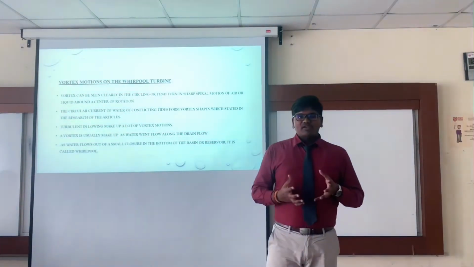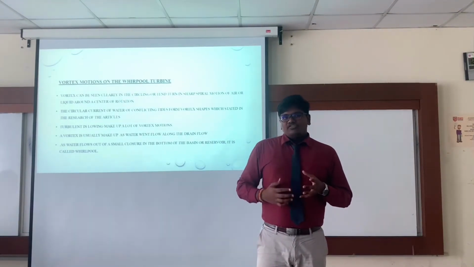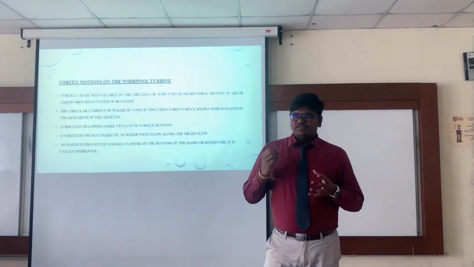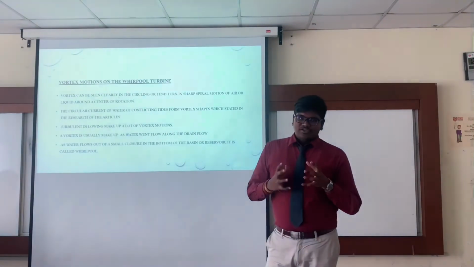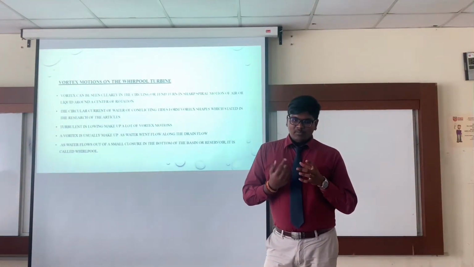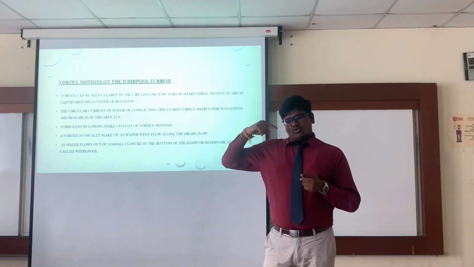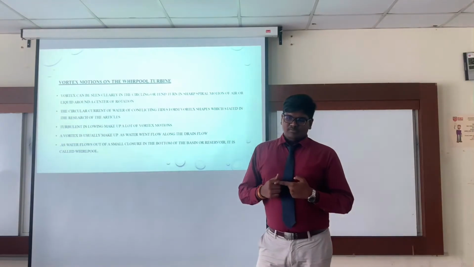At the lower part of the basin, the circulation of the vortex motion can be seen clearly because the movement of the water comes to a very sharp pointed end. So it starts to recirculate the water back to the river or to the reservoir.